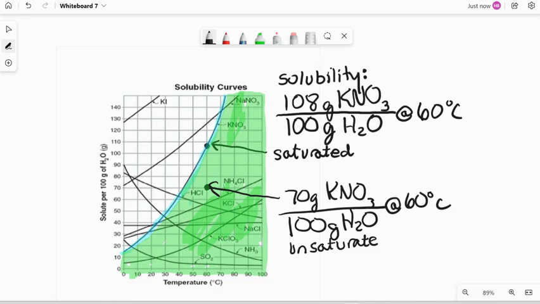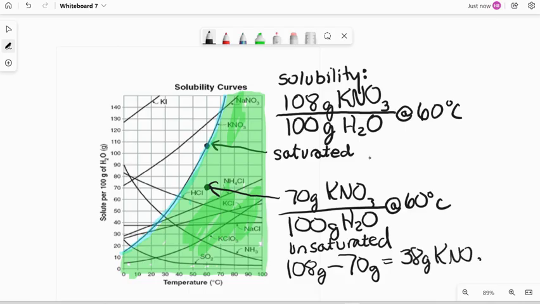How much more? Well, I have 70 grams in there already. I could dissolve a maximum of 108 grams. I already have 70 grams, so how much more would dissolve? 38 more grams of KNO3 would dissolve in this solution.